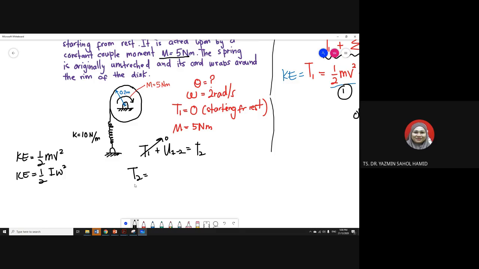Okay, it's not moving. Dia tak bergerak. Dia dekat situ saja. But the only thing that is happening, it is rotating. So bila dia rotating saja, the kinetic energy that you need to consider is 1 over 2 I omega squared.